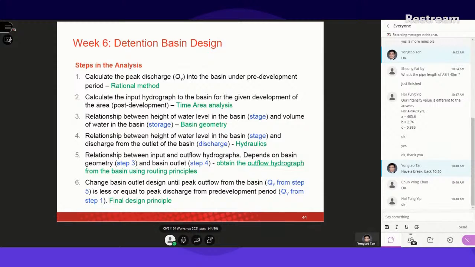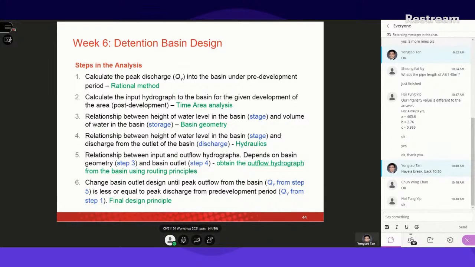Next, the steps in the analysis: how can we get the inflow hydrograph? Here are the steps. Totally there are 6 steps. Step 1, calculate the peak discharge into the basin in the pre-development period, using the rational method.